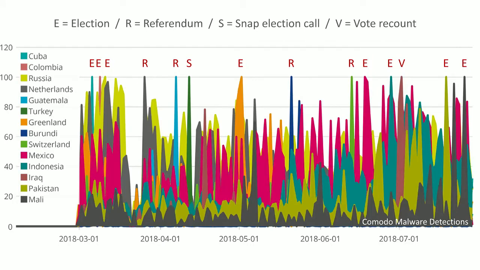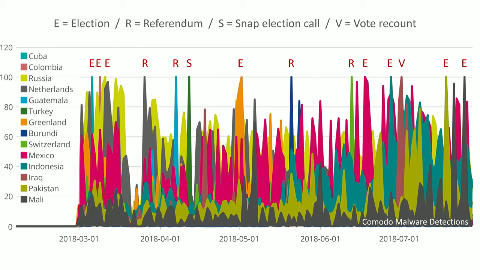So I got interested enough in this that I looked over about, I think, 9 months recently. 45 countries had national level elections of some sort. Then I set a pretty high threshold for this chart. I said, at least during maybe 3 days on either side of the event, it has to be the highest spike for the entire period.